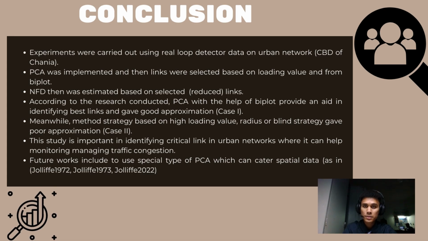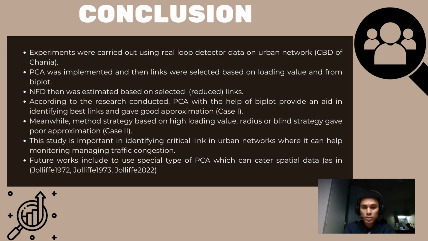Conclusion: experiments were carried out using real loop detector data on the urban network CBD of China. Principal component analysis was implemented and then links were selected based on loading value and from B-plot. Network fundamental diagram then was estimated based on selected reduced links.